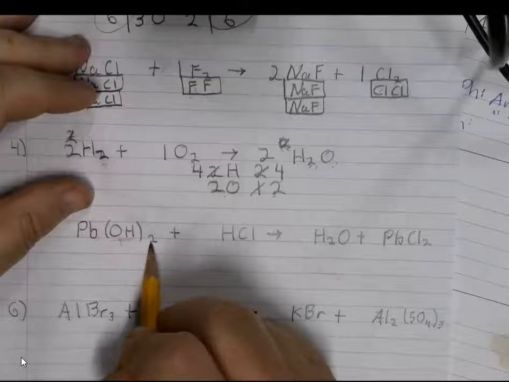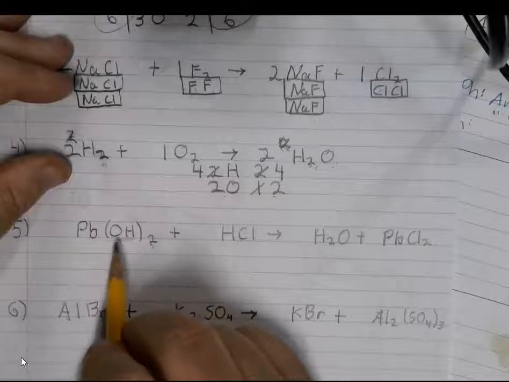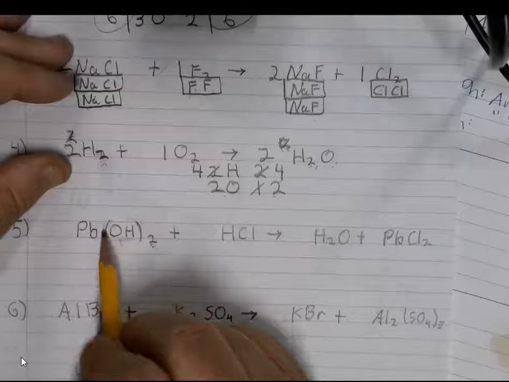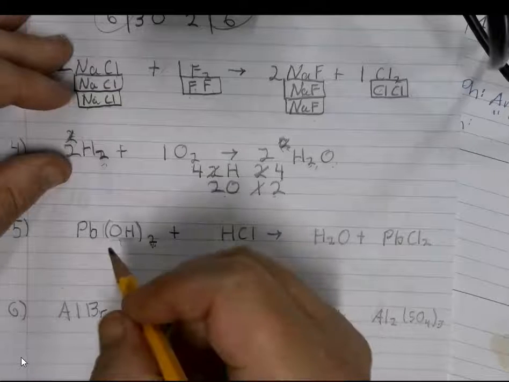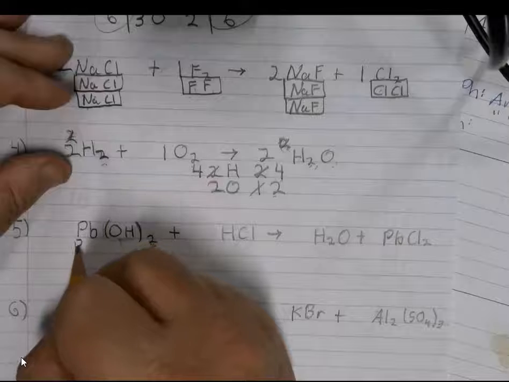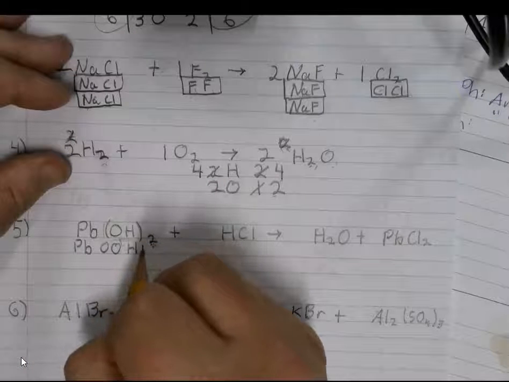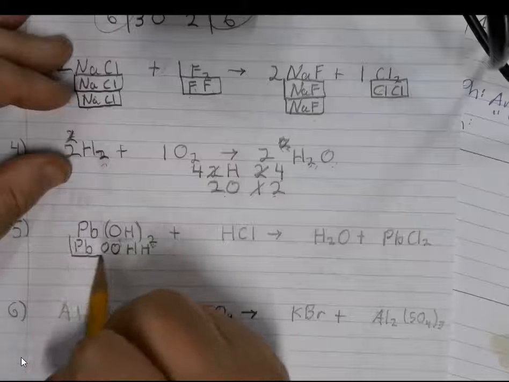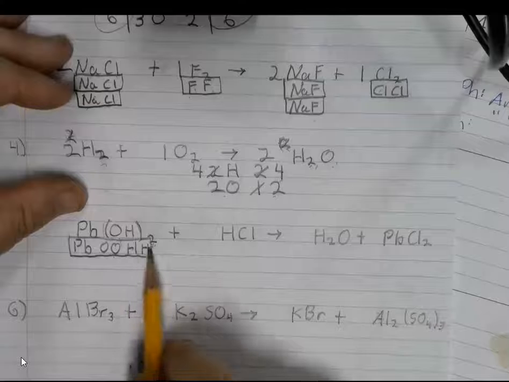What this means is it's 2 O's and it's 2 H's, just like a coefficient distributes. If you have a subscript outside of parentheses like that, it means you have 2 oxygens and 2 hydrogens. Okay, so what I'm going to do is I'm going to write Pb O O H H. Or I could have written OH OH. It doesn't really matter how you wrote that, as long as you count the individual atoms correctly.